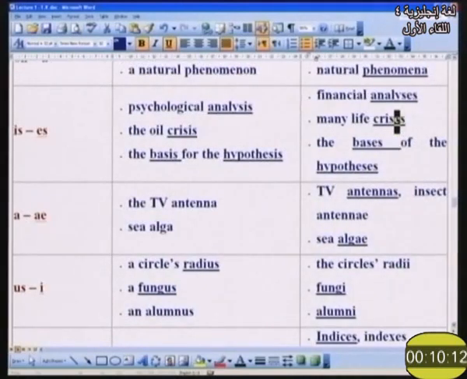The basis, with an IS, the plural is bases, with an E. It's different in pronunciation also. Hypothesis, meaning an assumption, with an IS. The plural is hypotheses.